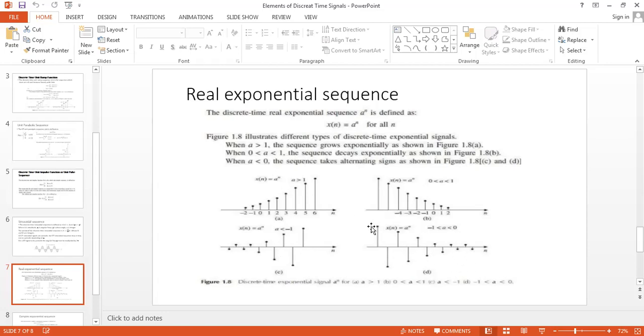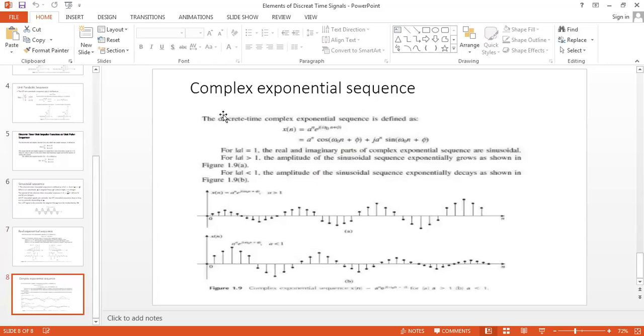So the sequence alternates between these two.